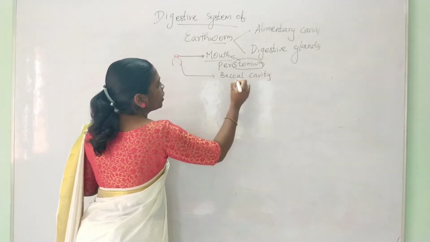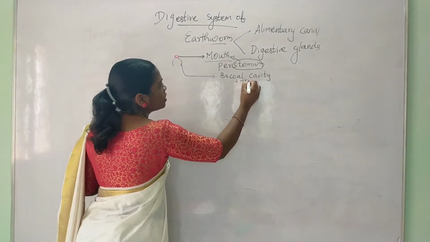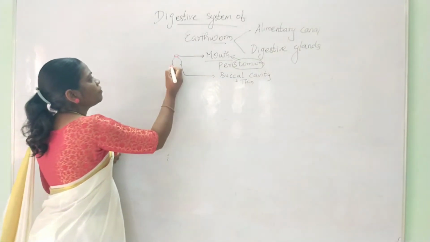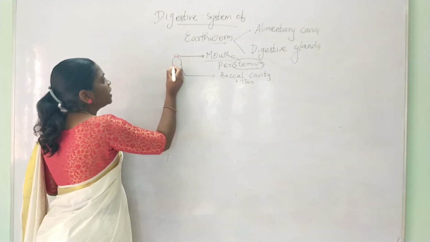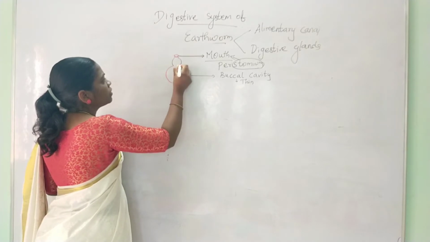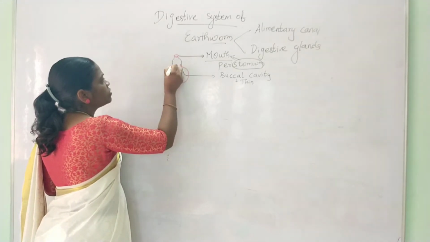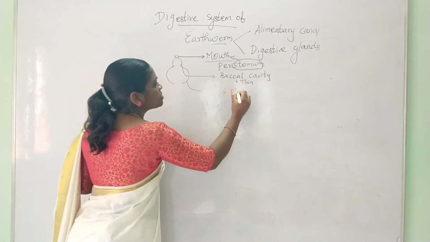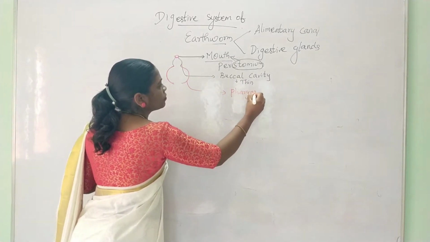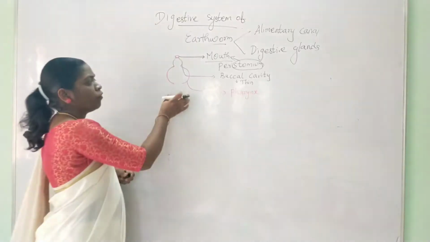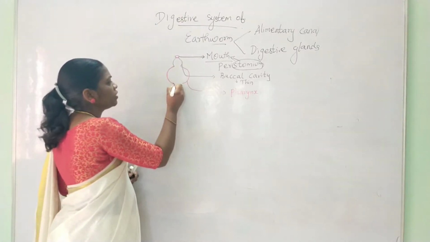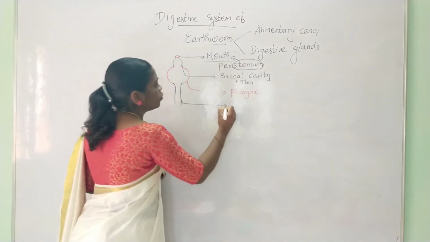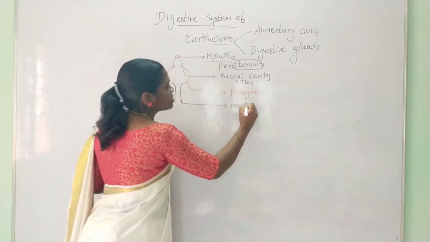The buccal cavity is a thin walled structure. Followed by the buccal cavity, you can find a somewhat wider region known as the pharynx. Followed by the pharynx, you can find a somewhat narrow region known as the esophagus.